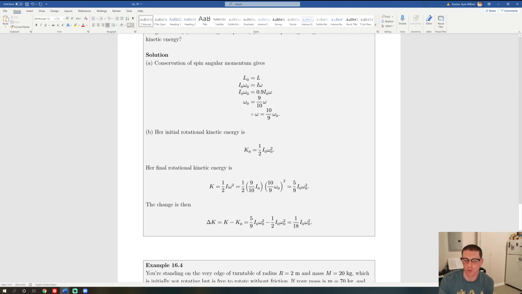But you'll get some practice with this, and we will work to determine the conditions under which applying conservation of angular momentum is preferable to trying to apply conservation of rotational kinetic energy.